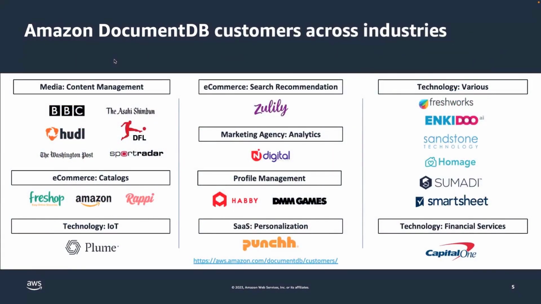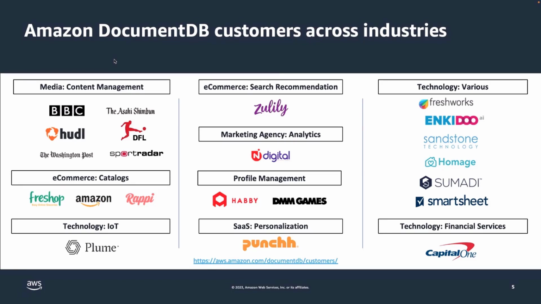Amazon DocumentDB is being used today by a wide variety of customers, from long-standing global enterprises like Capital One, to digital natives like Rappi and Zulily, to game publishers like Habi, and in addition, also several products that Amazon customers use, such as Fulfilled by Amazon, the FBA experience on Amazon.com.